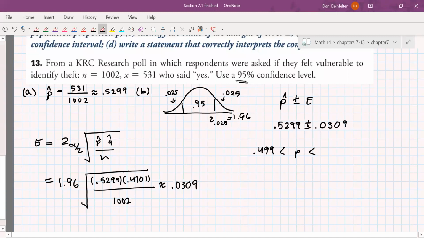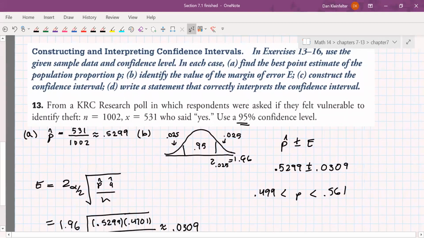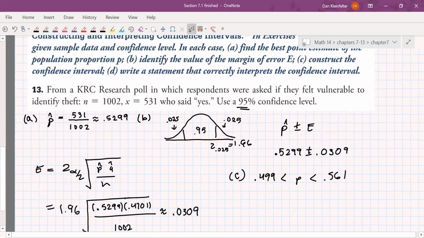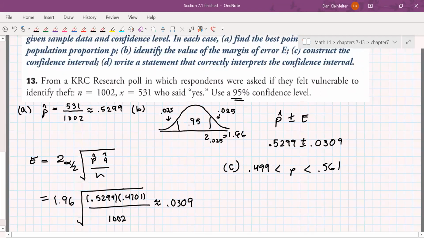And then 0.5299 plus 0.0309, and that will be 0.5608. We'll call that 0.561. We'll just do it to 3 decimal places. All right, so there's our confidence interval. That was part C. We did that. That's actually right there. And then D, write a statement that correctly interprets the confidence interval.